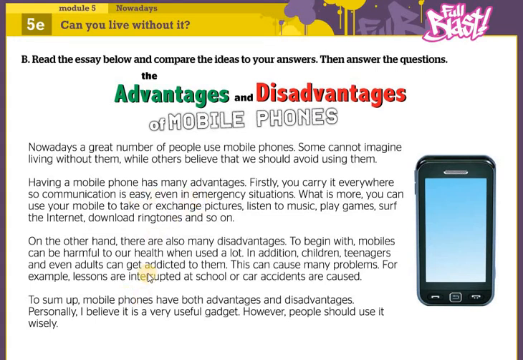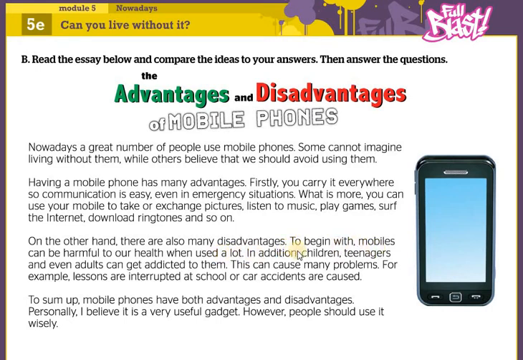Let's have a look at the second part, which is the disadvantages of mobile phones. On the other hand, when we say on the other hand, we mean on the contrary side, or the opposite side. There are also many disadvantages.